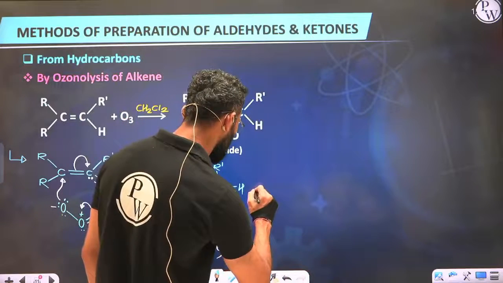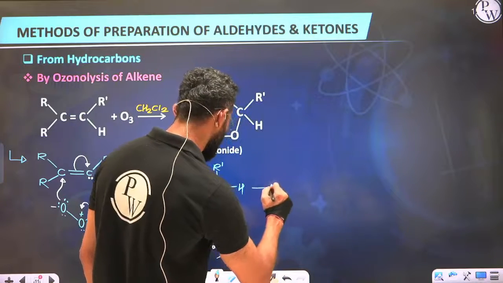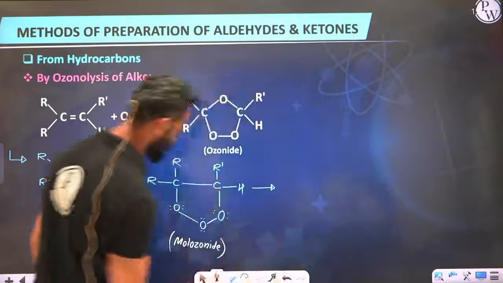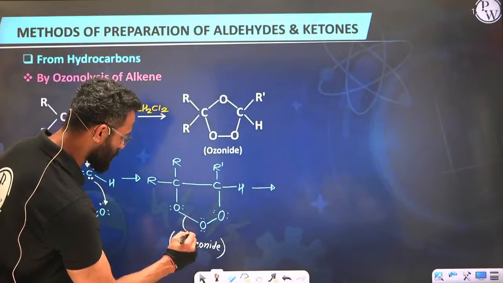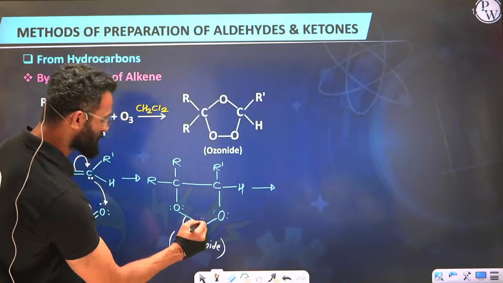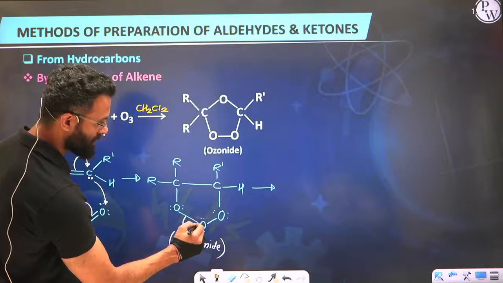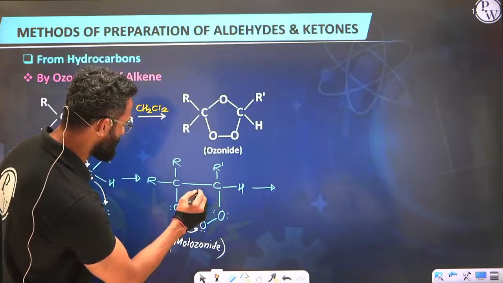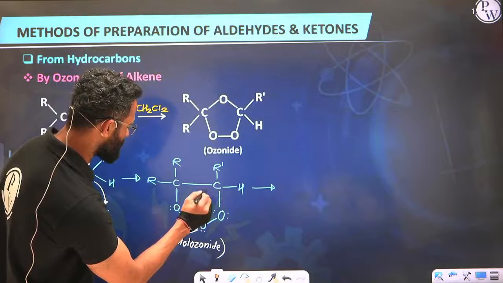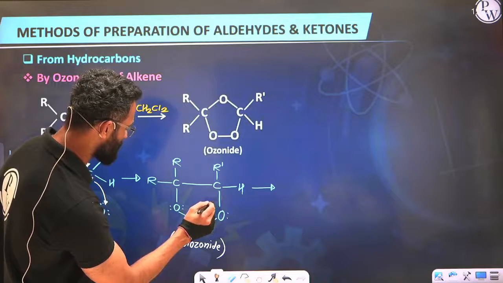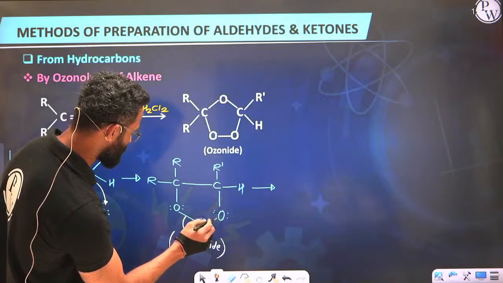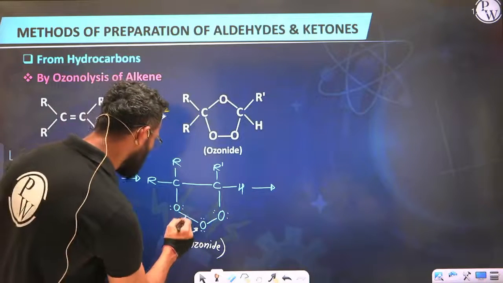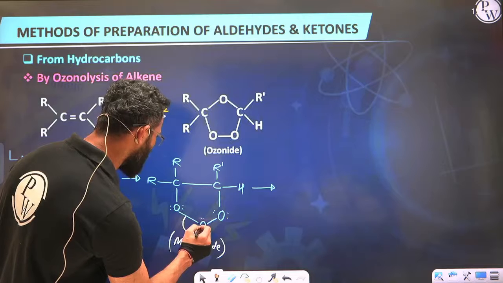Now how the formation of this takes place, let's see that first. Look, let's say this pi bond broke over here, making this oxygen anionic. Hold on guys, this pi bond broke over O, making it O minus.